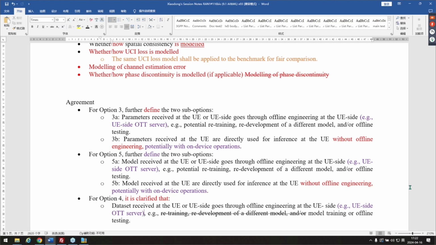Philip. So I was thinking of the case where it's the network side that is specified, so the decoder side. I assume this classification applies also to that case where the decoder is specified. So in that case, only version A of these sub-options, I guess, is applicable, because if we specify the decoder and then, for example, the parameters of the decoder are transferred from the network to the device, we will not be able to use a plug-and-play approach.